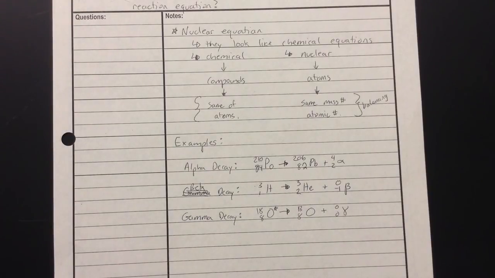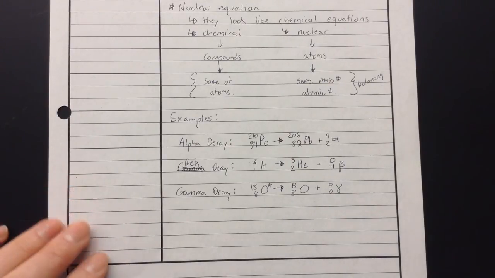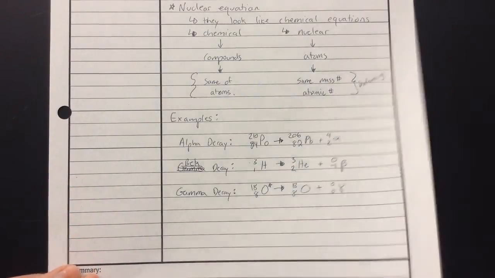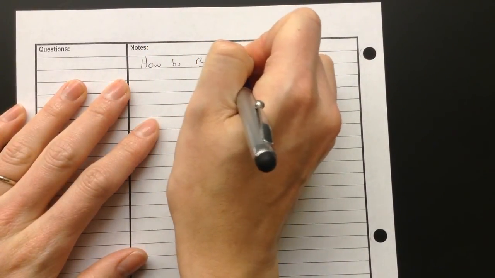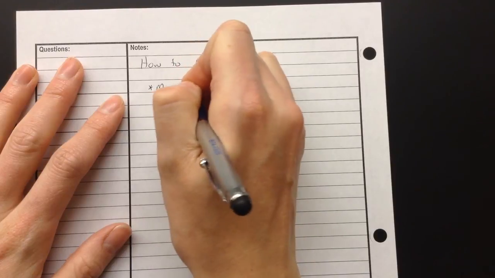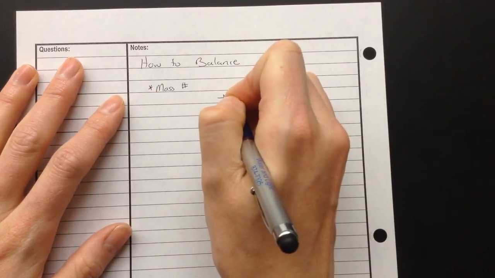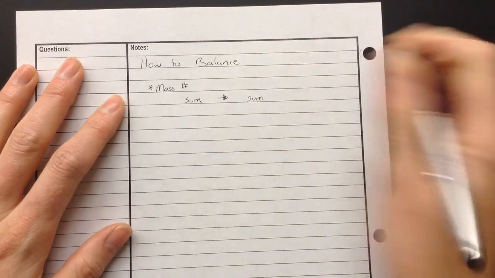So when we are looking at these equations, you're going to be asked to fill in some blanks on some of these. So let's talk about how to balance them. Okay, so we'll call this the mass number here. When you have the mass numbers, the sum over here has to be the same as the sum over here.